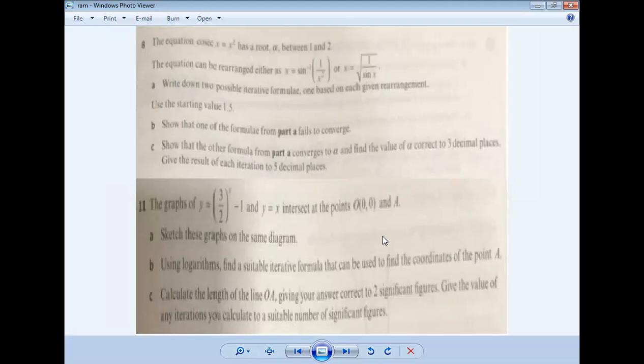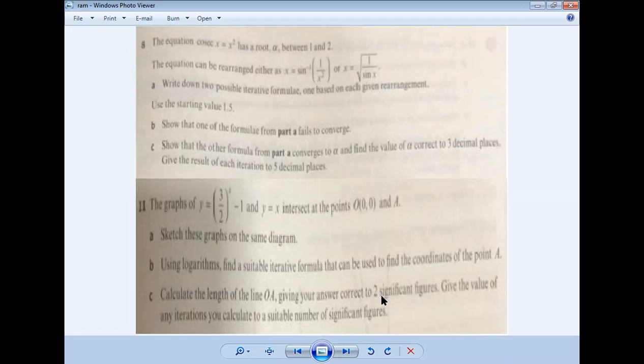The 11th question says the graphs of y is equal to 3 by 2 whole to the power of x minus 1 and y is equal to x intersect at points 0, 0 and A. So these two graphs intersect at two different points, one is the origin, one is point A. The first part is: sketch these graphs on the same diagram and, using logarithms, find a suitable iterative formula that can be used to find the coordinates of the point A. The second part: calculate the length of OA, giving your answer correct to two significant figures.